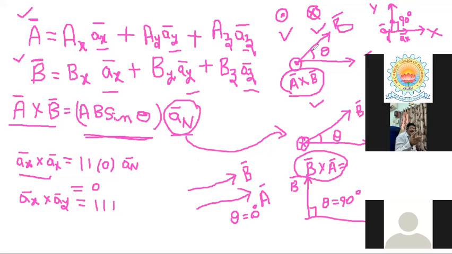But here we are calculating ax bar cross ay bar. Turn your fingers from the X direction to the Y direction. That is the right hand thumb rule. The thumb gives the direction of the resultant ax bar cross ay bar.